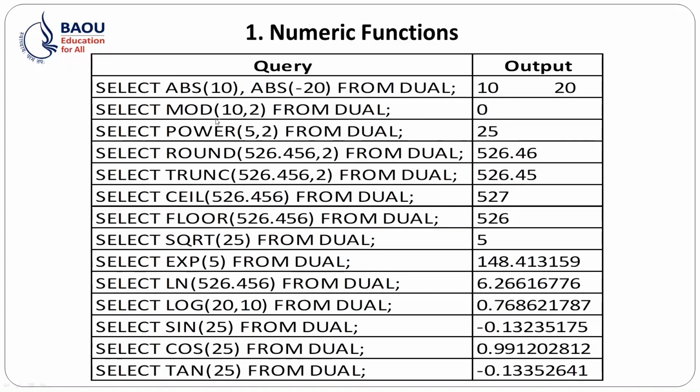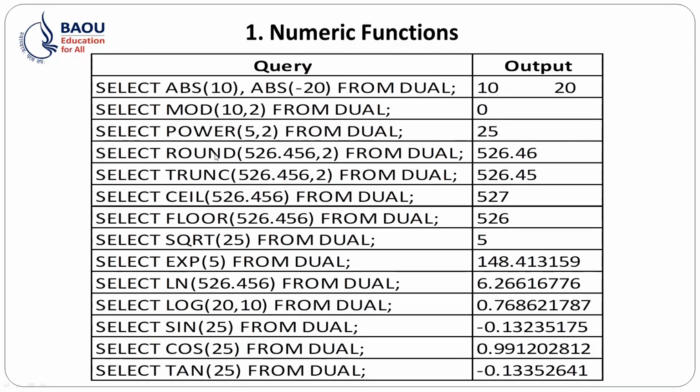Now MOD 10 is used to display the remainder of 10 divided by 2. So the remainder is 0. That is the modulo function. Now power. The power function is used for 5 raised to the power 2, that is 25.